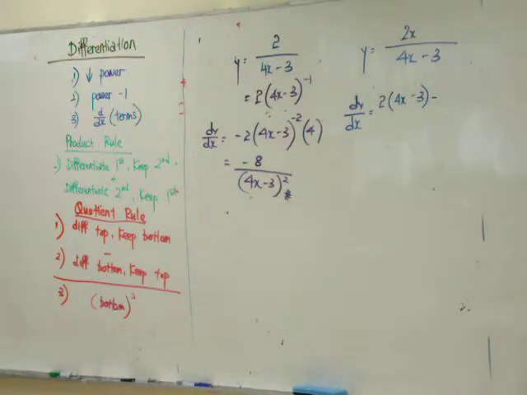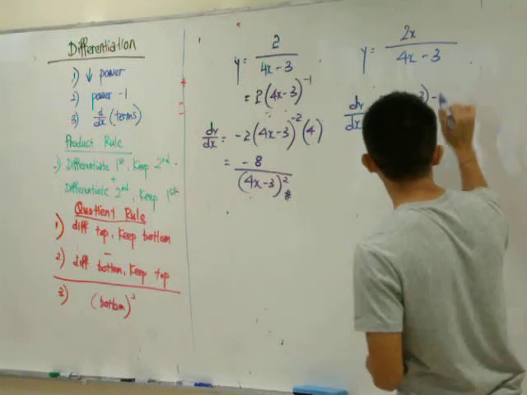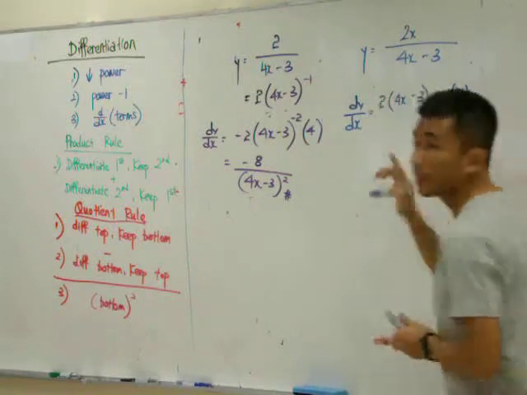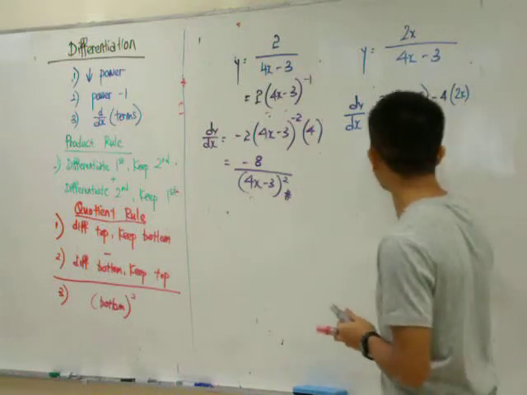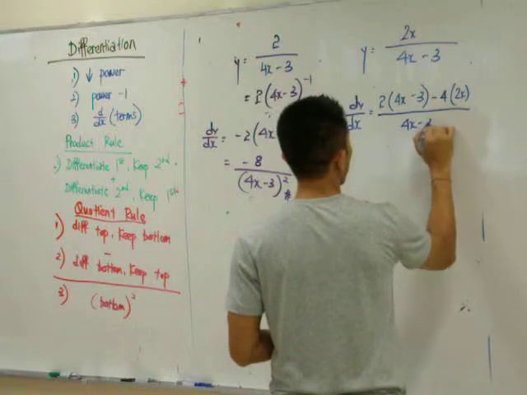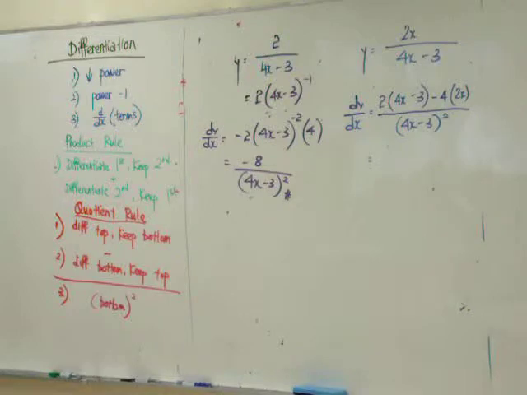Subtract. Differentiate the bottom. How do you differentiate the bottom? 4. Keep the top. Remember, the thing is subtract, minus. There is a subtraction over here. Over bottom square. And we are done. We just need to simplify the numerator.